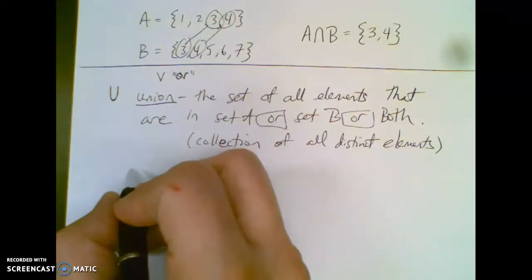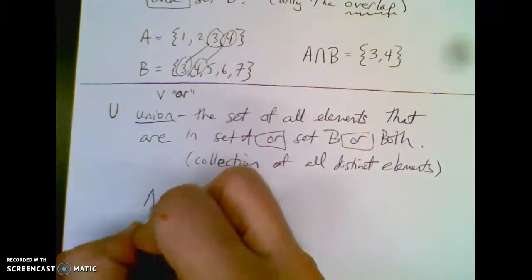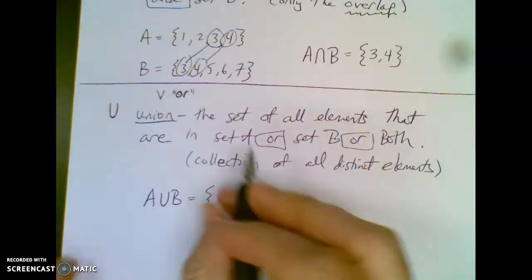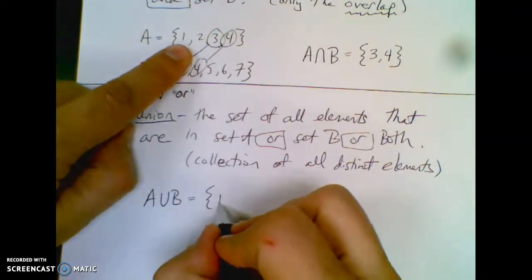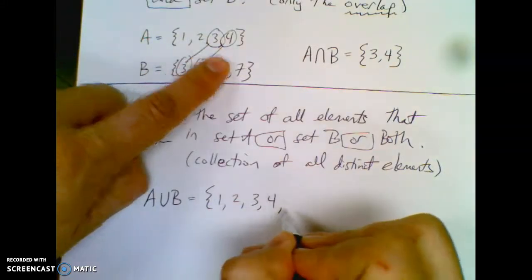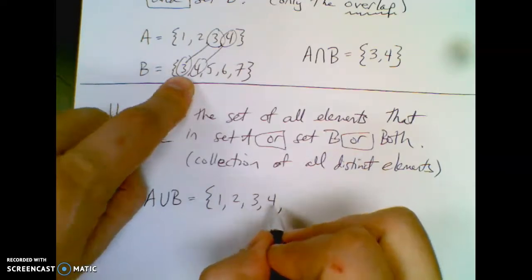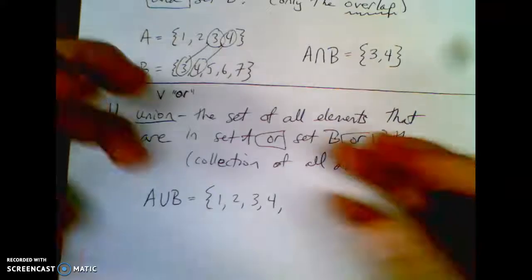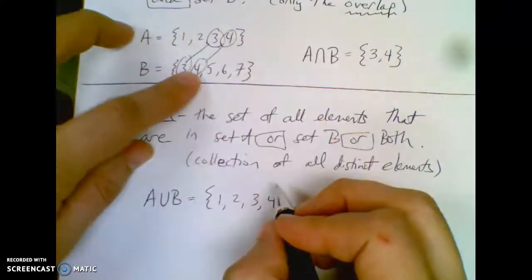Okay, so for this, if I used my same A and B as up here, so I don't have to rewrite it, if I wanted A union B, it's going to be the set of all numbers that are in either A or B or both. So I start with 1, 2, 3, 4. I don't need to rewrite 3. I've already written that element. It would be redundant to say it again. So you don't repeat writing them. You're just kind of making a collection of all the different things you see. So I saw 1, 2, 3, 4. Don't need to repeat these 3, 4.